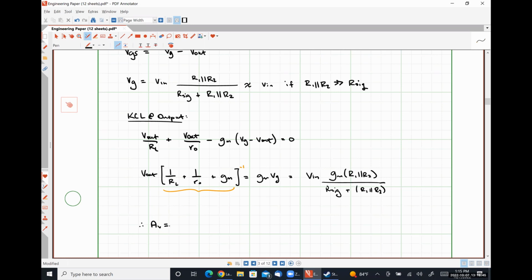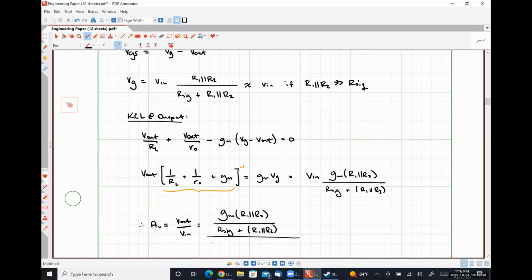So from here, we can say that our voltage gain, defined as V out over V in, is going to be GM R1 in parallel with R2 over R sig plus R1 in parallel with R2.